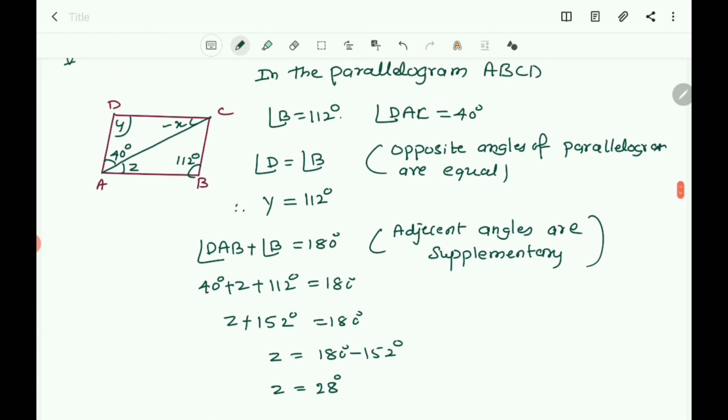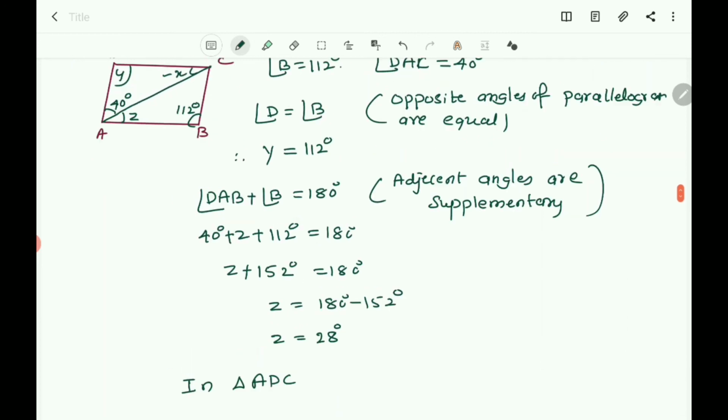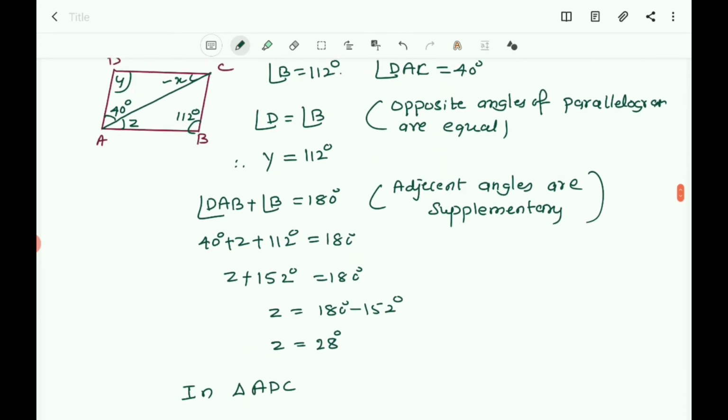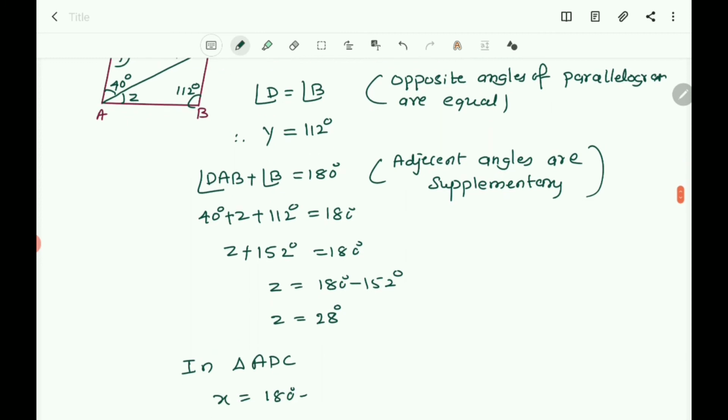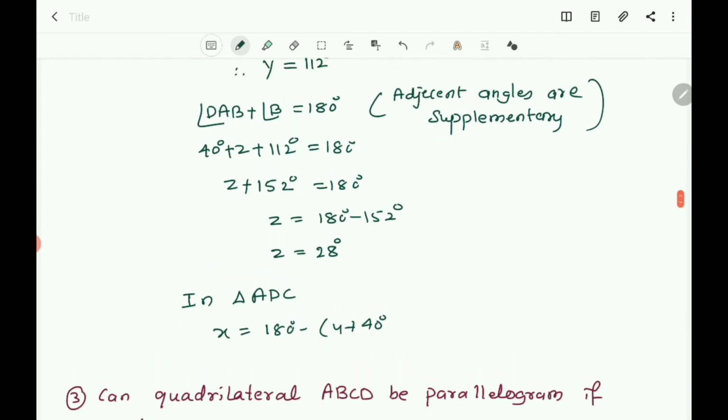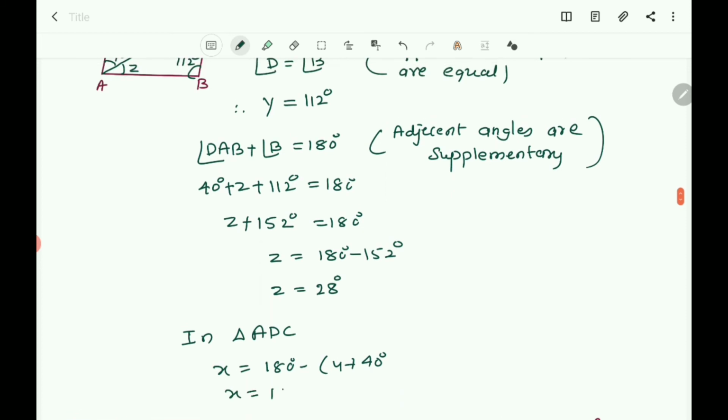In triangle ADC, y is known, and 40 degrees is there. So you take x is equal to 180 minus the sum of the other two angles, that is y plus 40 degrees. So x is equal to 180 degrees minus 112 degrees plus 40 degrees, which is 180 degrees minus 152 degrees.